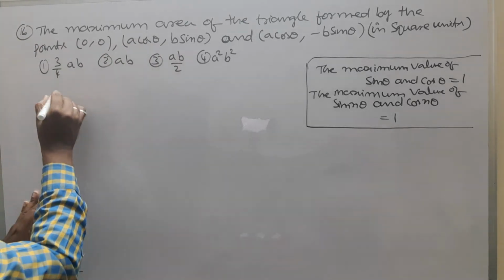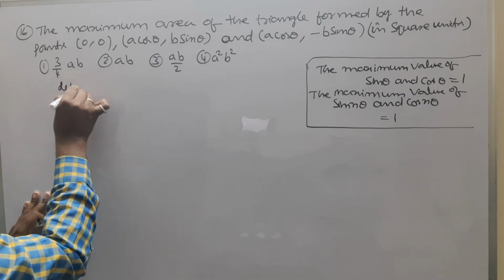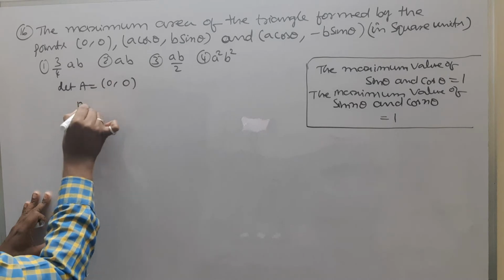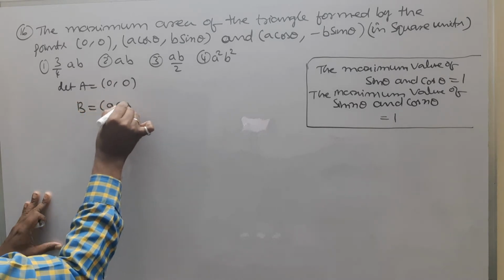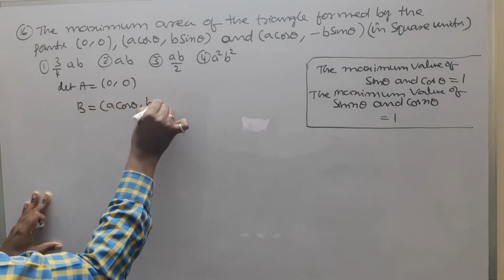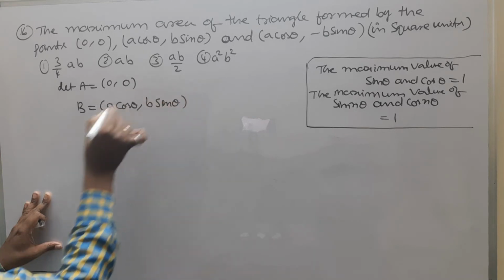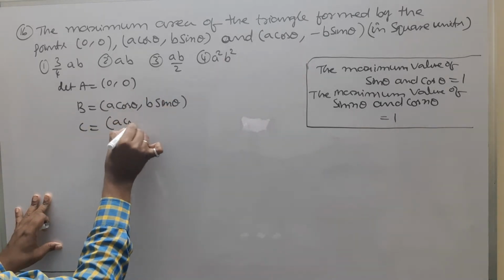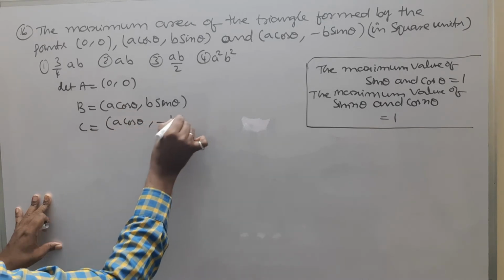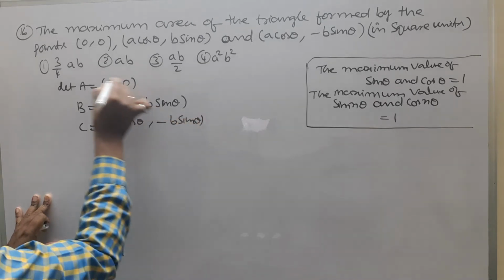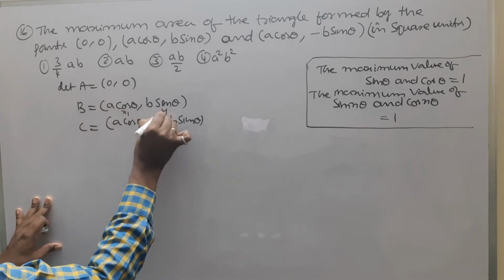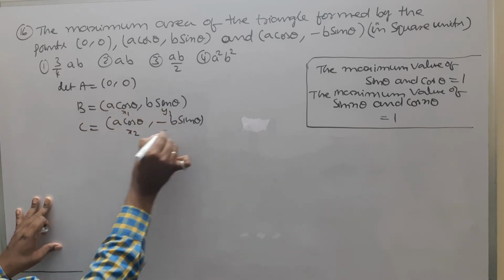Here let A equal to (0, 0). These are the vertices of the triangle. B is equal to (a cos theta, b sin theta) and C is equal to (a cos theta, minus b sin theta). Here one vertex is (0, 0). The B coordinates are (x1, y1), the C coordinates are (x2, y2).